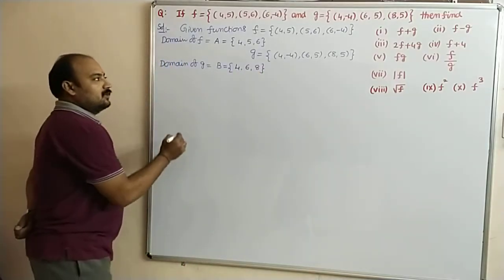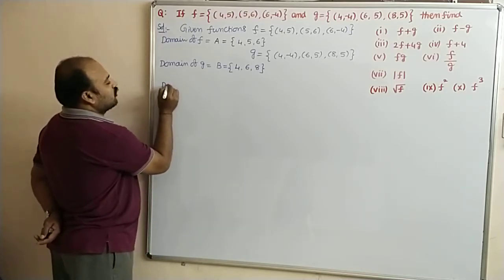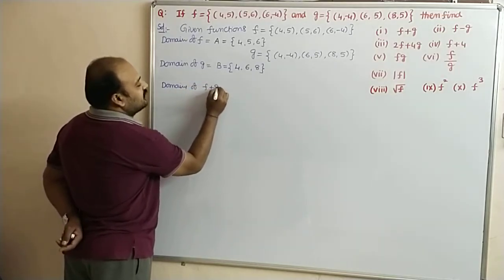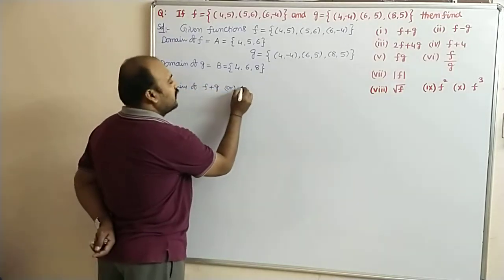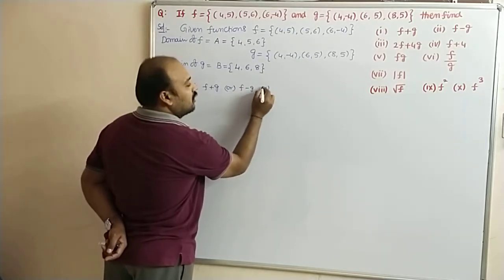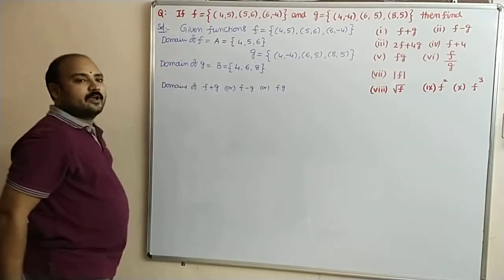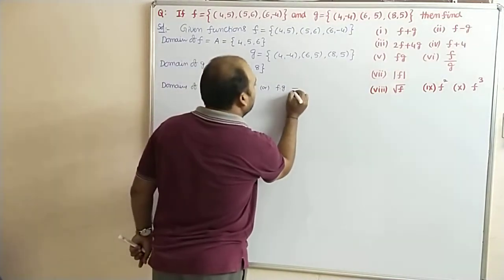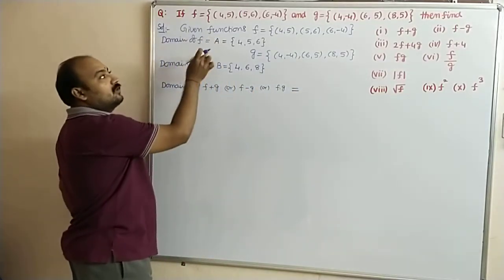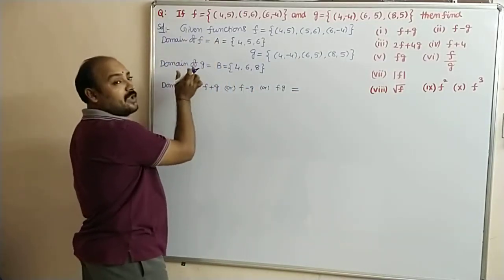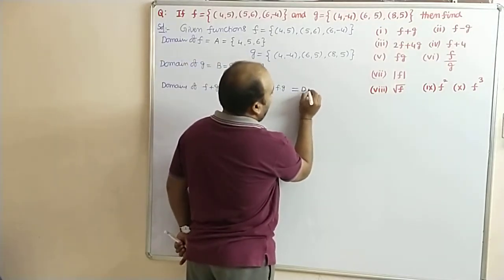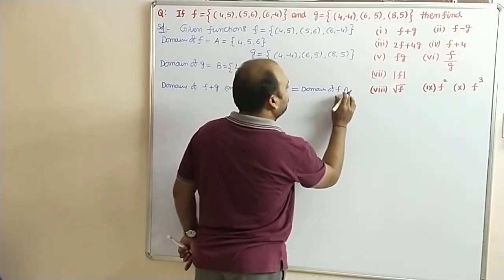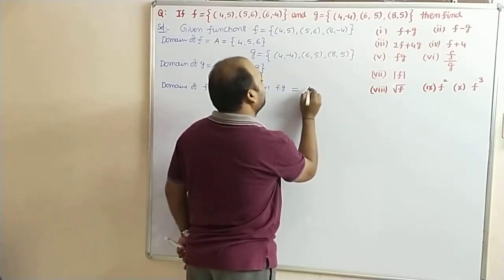To find the domain of f plus g or f minus g or f into g, how to calculate the domain is the intersection of A and B. The domain of f intersection domain of g, instead of that, directly A intersection B.